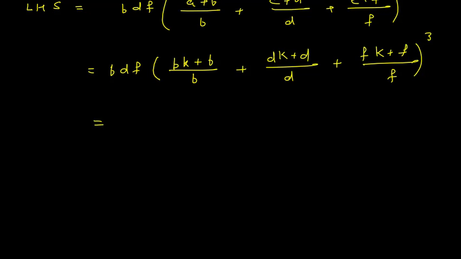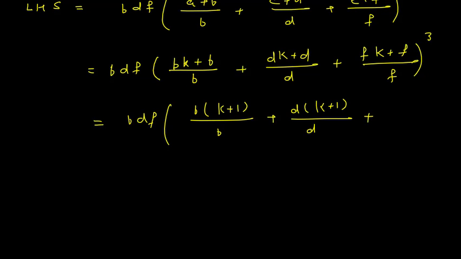Now this is BDF. Inside you can take b common, so here it is (k plus 1) upon b, plus here you take d common, so it is (k plus 1) upon d, plus here you take f common, so it is (k plus 1) upon f, and then the whole cube. Now this b cancels, d cancels, and f cancels.